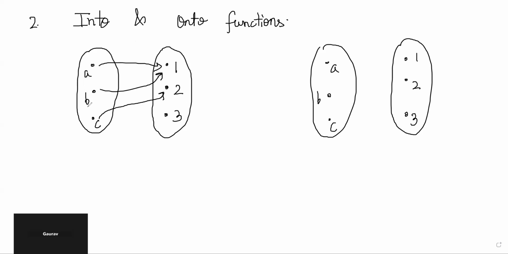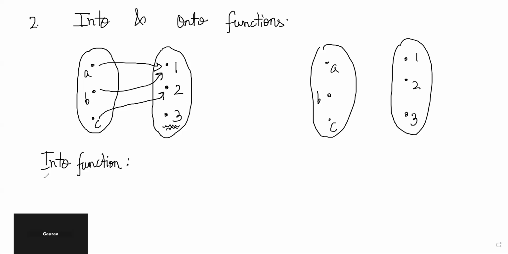But there is a type of function where there is an element here which is not a part of the inputs, which is not linked to the inputs. So 3 is an element of the codomain which is not connected to any element in the domain, right? This type of function is known as an into function.